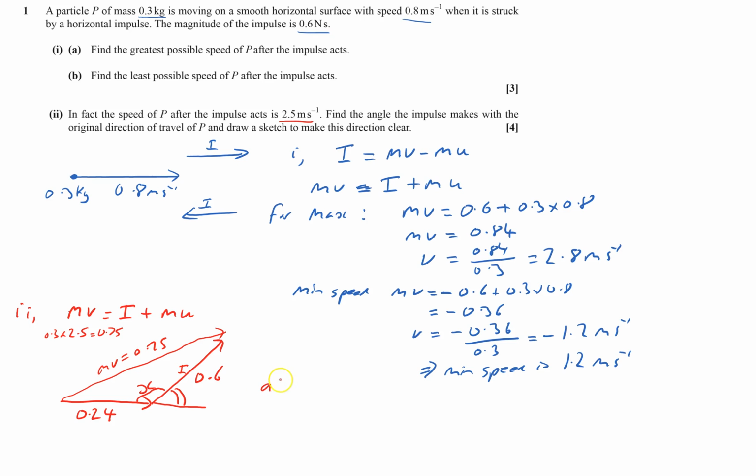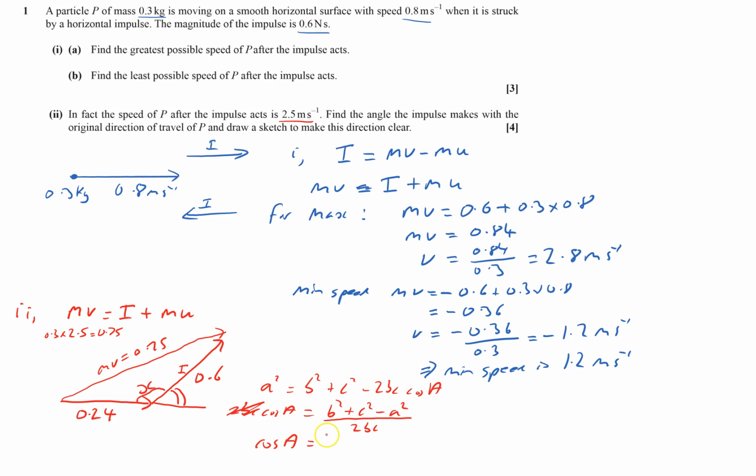And so I get a squared equals b squared plus c squared minus 2bc cos a. So that means 2bc cos a equals b squared plus c squared minus a squared. Divide both sides by 2bc, gives us that. And now I can put it in there.